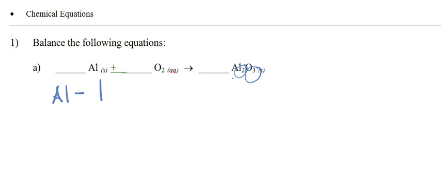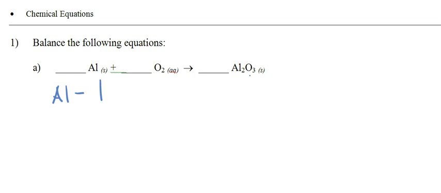However, if it's given to you, don't even think about erasing these subscripts, because if you change the subscript, you're actually changing what you have here. So if you say, to make this really easy, I'm just going to make that aluminum a 1 and that oxygen a 2, well, there's no such critter as AlO2 that exists and has a neutral charge. So we don't change the subscripts, because then we're changing the compound itself.